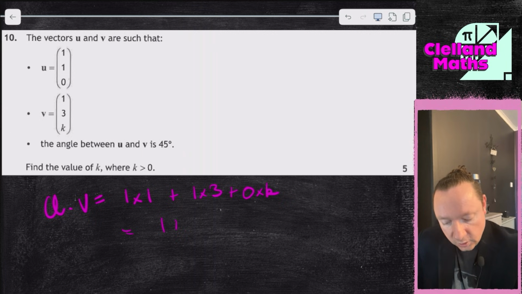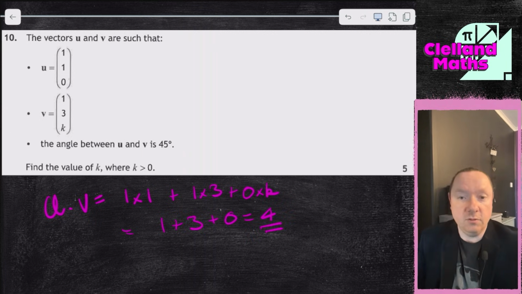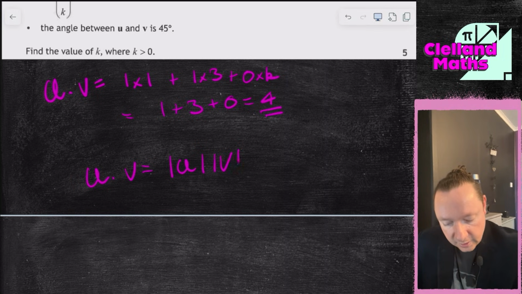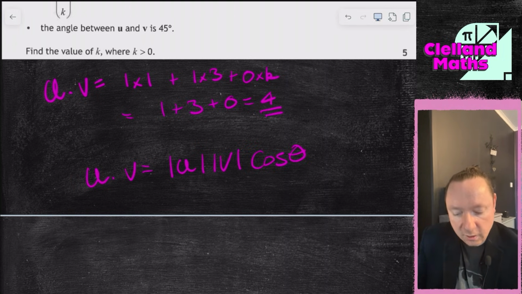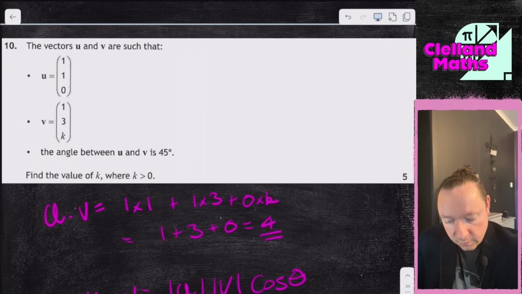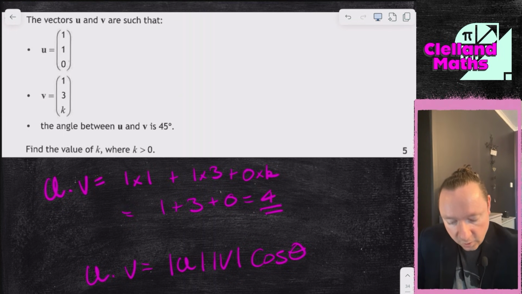So I'm going to start from there. That gives me 1 plus 3 plus nothing, which is 4. So I actually now know that u dot v is 4. But the other formula is u dot v equals the size of u times the size of v times the cos of theta. I know u dot v is 4, so it's pretty simple now. I don't know the size of u and v, but I can work it out.